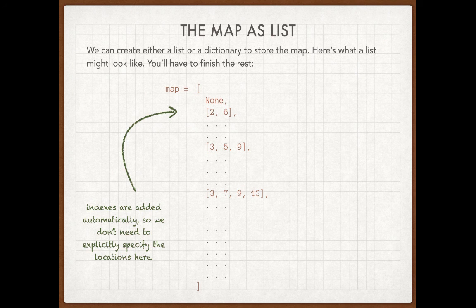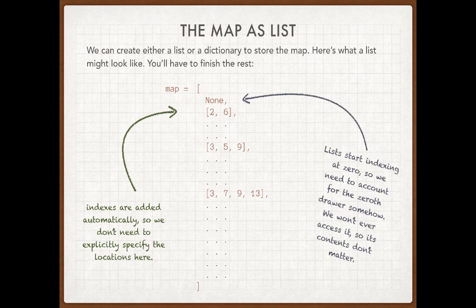But one of the hitches about a list is that we know that a list starts at 0. So if I choose this data structure, I need somehow to account for that 0th drawer. I won't ever access it, so whatever I put into the 0th drawer doesn't really matter. So maybe in this case, I may choose to put None in there.